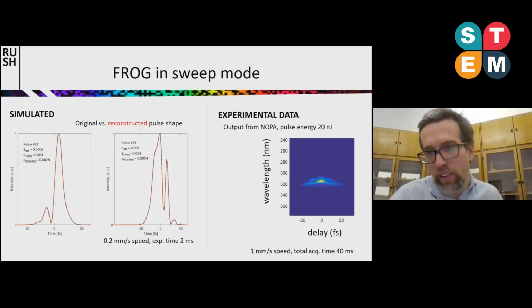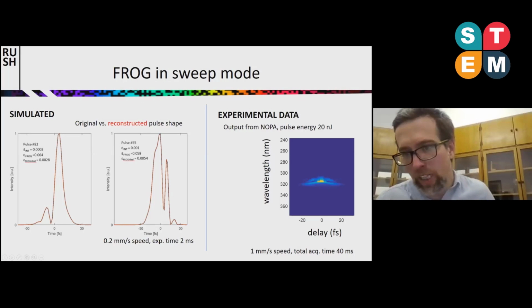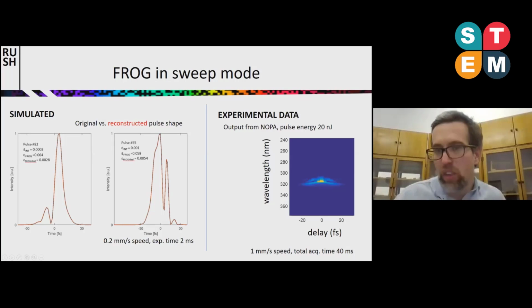And here you can see that we can measure very reliably the entire FROG trace with an acquisition time of 40 milliseconds. So basically, one experiment, one picture like this, takes 40 milliseconds now.